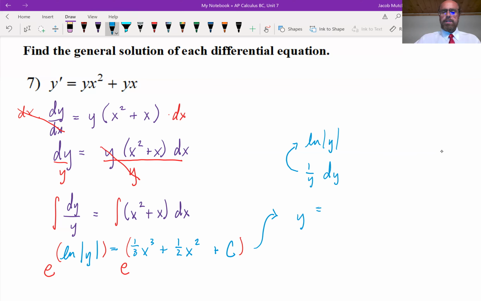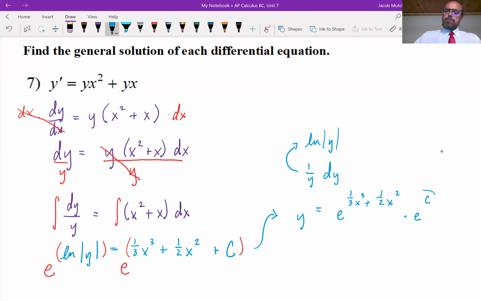And on the right side, I have that mostly the same. It's going to be e to the power of 1/3 x cubed plus 1/2 x squared. But I want to revert using my exponential rules to say that this is times e to the power of c. I'm just splitting the addition in the exponent into multiplication of the same base to that power. Why do I do that?